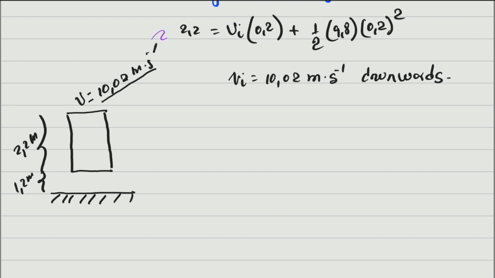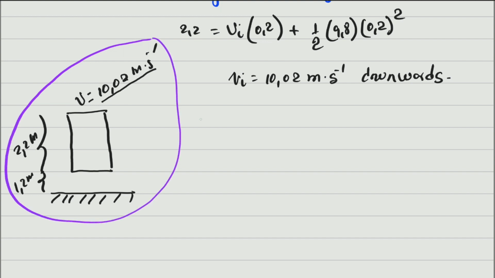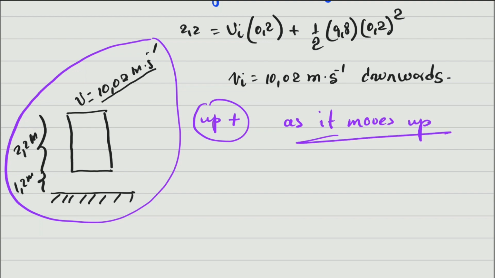So having in mind what we have for this part of the problem, we're going to say up positive, as it moves up. So we're going to work when the object is moving up, and when the object is moving up, the displacement is going to be from the ground to that point on top of the window.